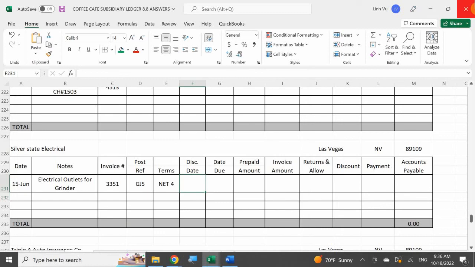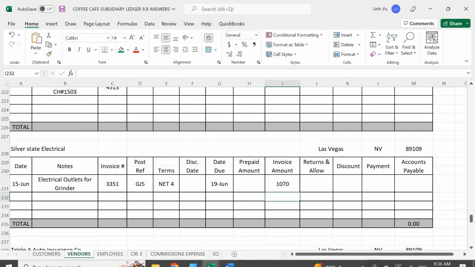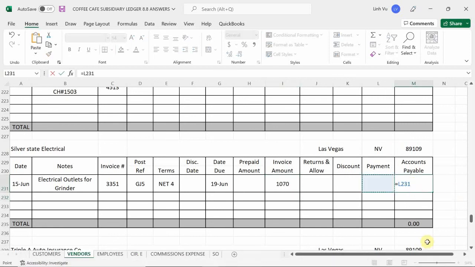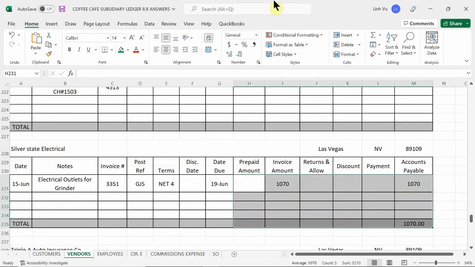They gave us 4 days. So therefore my due date is the 19th. Good. For how much? What was the invoice amount? 1,070. Good. So therefore, since we haven't paid for it yet, because we have until the 19th to pay for it, if I plug in my formula, it should give me that I owe $1,070, which is true. Okay.